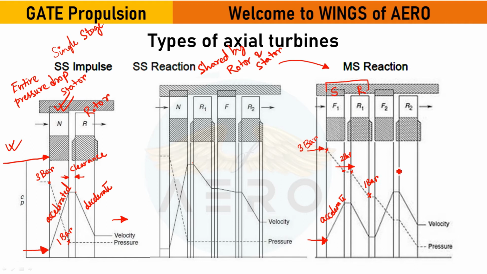Then as it moves to the rotor, again it causes a decelerate. Now this decelerated flow again enters the second stage, which is followed again by a stator and a rotor, then again it will accelerate, decelerate.